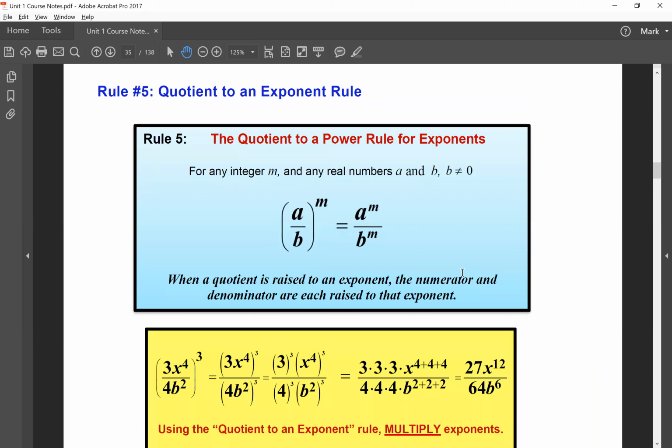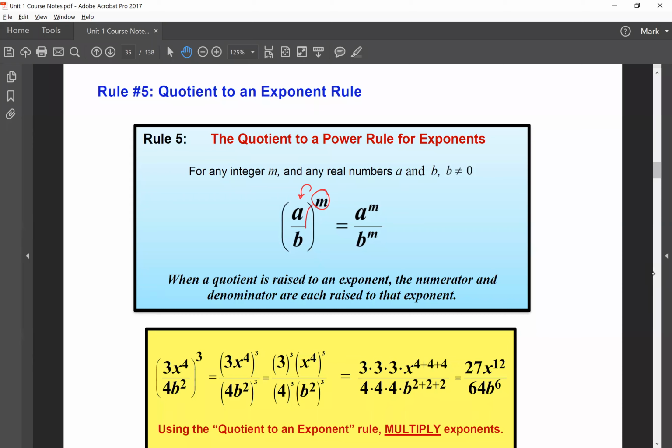If I have brackets with a fraction inside and I raise that to an exponent, the exponent goes onto everything in those brackets. That sounds really complicated coming out of my mouth, but I'll show you with some examples. This is just like rules 3 and 4, and like what we did in the first class.